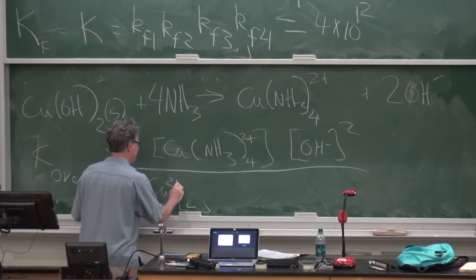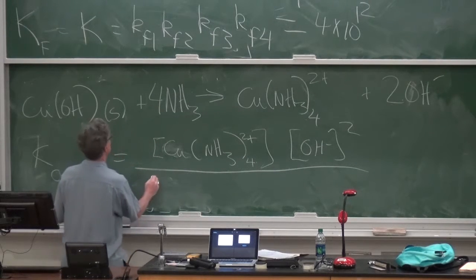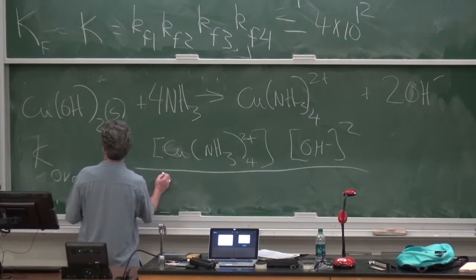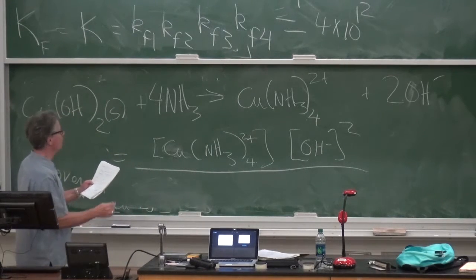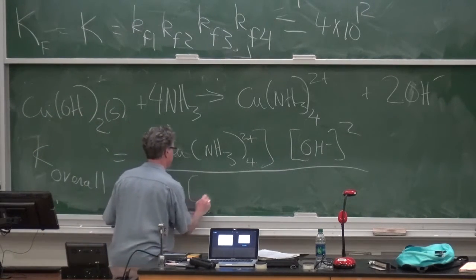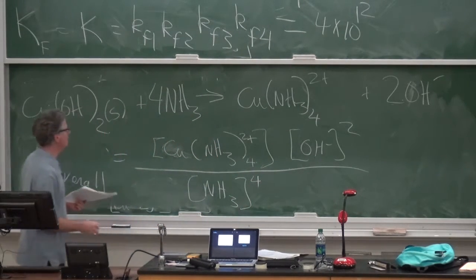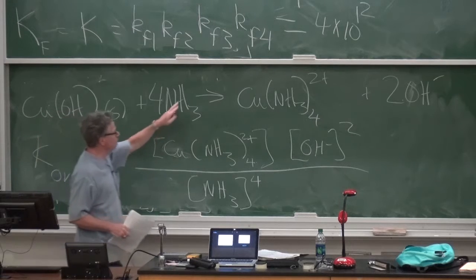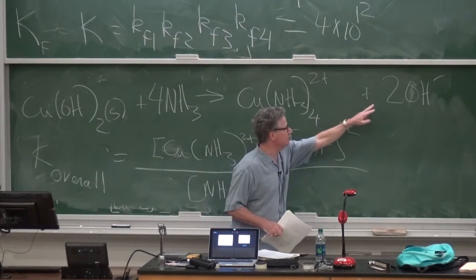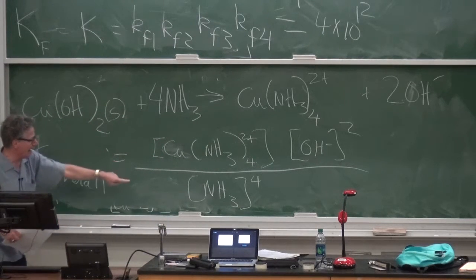divided by the concentration of ammonia to the 4th. So again, what goes in the equilibrium constant expression? The copper hydroxide doesn't, because it's a pure solid phase. So we have the 2 products, the copper tetramine complex and the hydroxide, and then the 1 reactant.